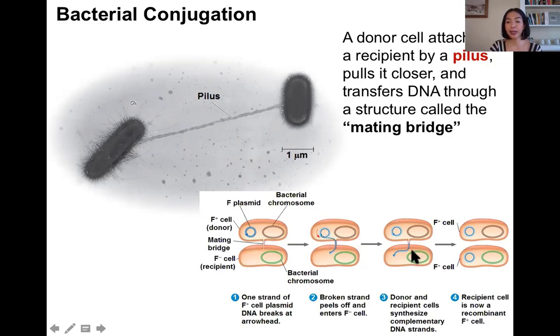And in there, once it migrates, it forms its circular shape. And this new cell can help the plasmid to form the complementary strand of the strand that it moved into this recipient cell. So this is another mechanism by which prokaryotes can have a type of exchange of DNA.